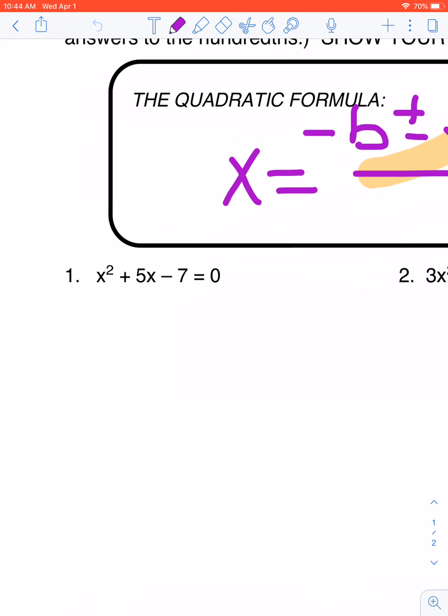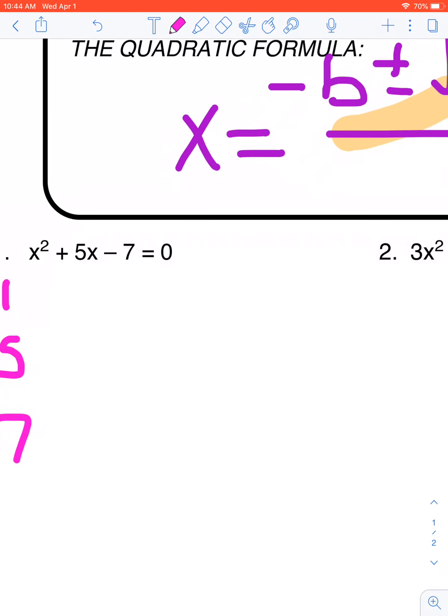The first thing you want to do is identify your a, your b, and your c, just like we did in all the other forms. So our a here is 1, our b here is 5, and our c here is negative 7. Once you've done that, you plug it into the equation.